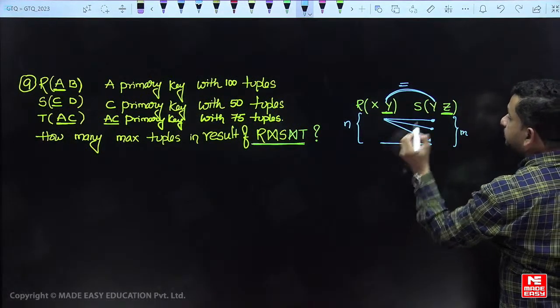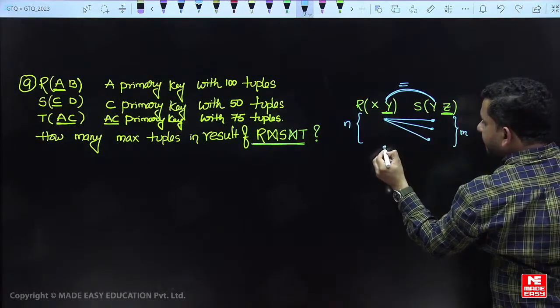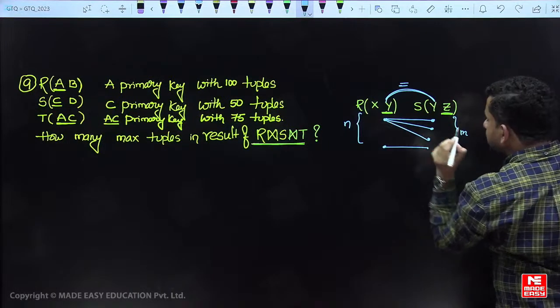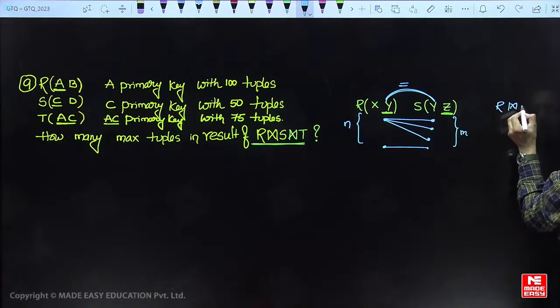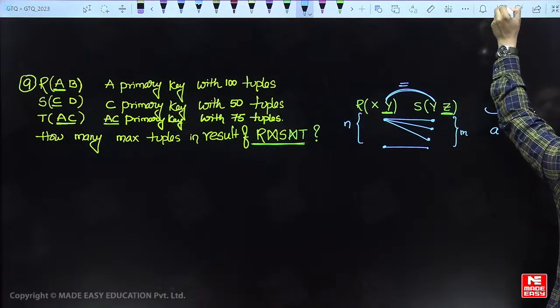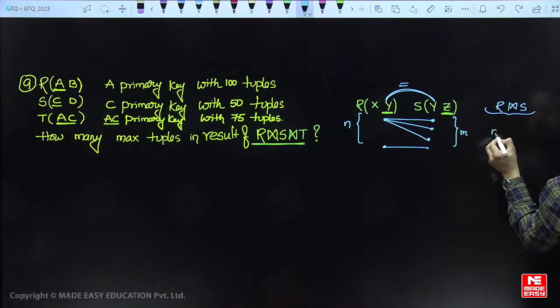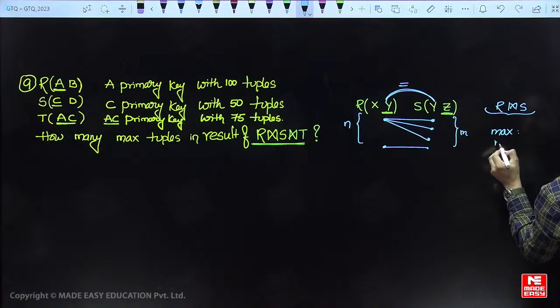Then the join result has a maximum of m tuples.